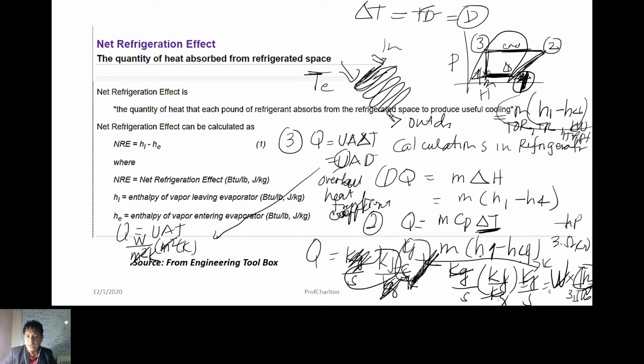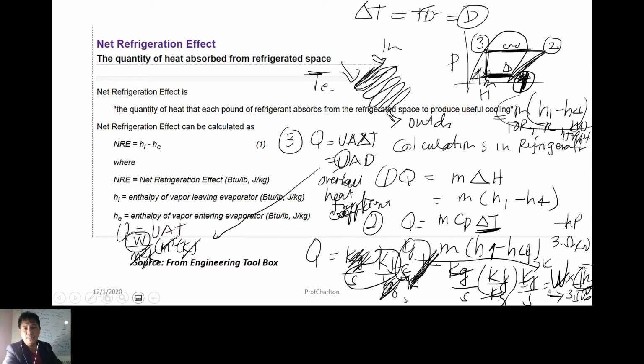So, cancel yung area, cancel yung temperature, watts na lang. Okay? So, watts na lang, i-divide mo ng 1,000, magiging kilowatts. Pag kilowatt, i-divide mo lang ng 3.516. So, there are three ways to calculate the capacity in the evaporator, and we will have some formula for that.